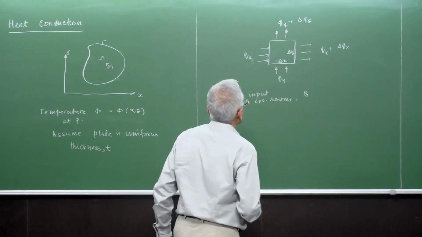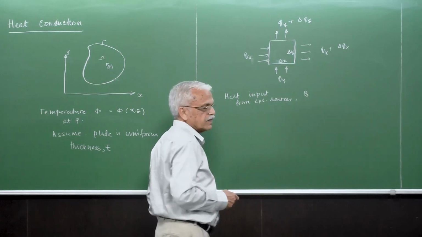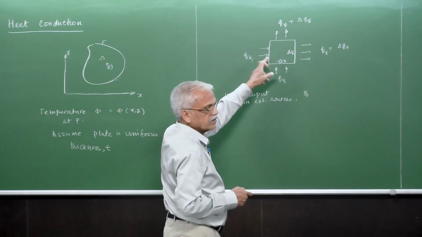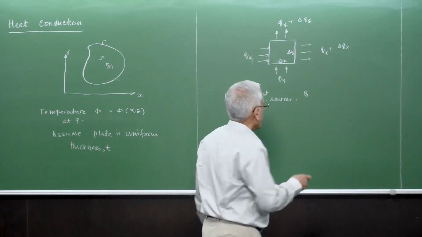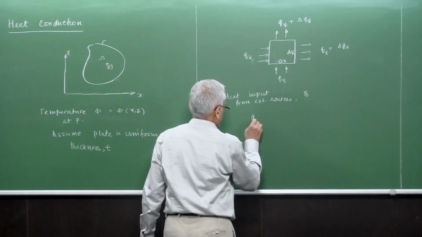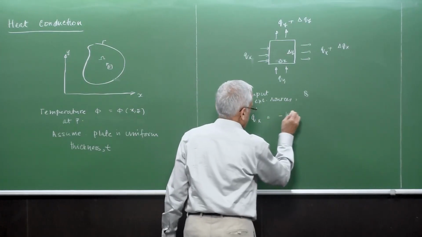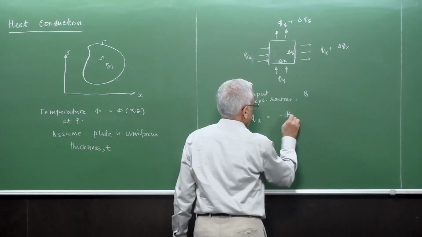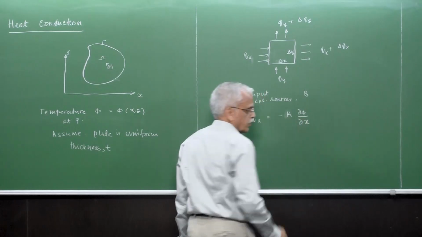Okay, so this is how the thing is. And then there's another thing here: the heat flow here, Qx, is related to minus K dou phi by dou x.